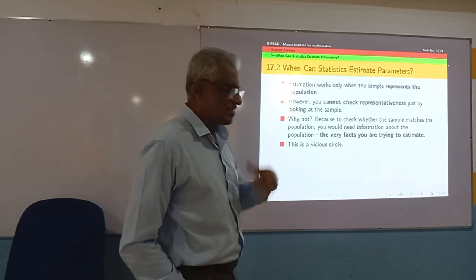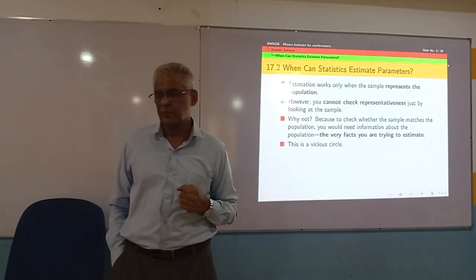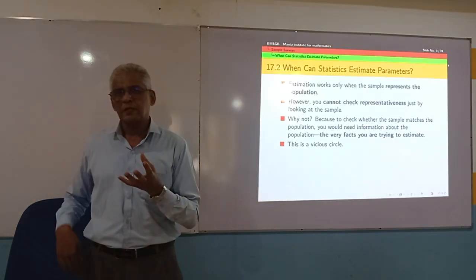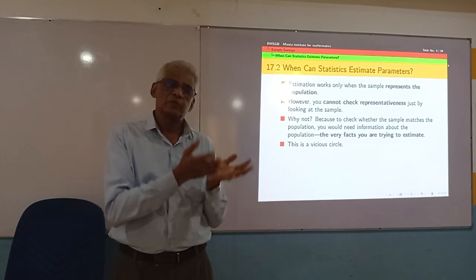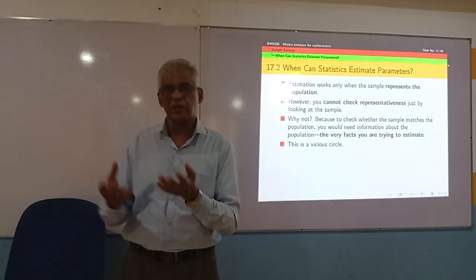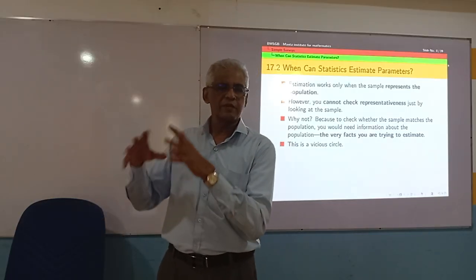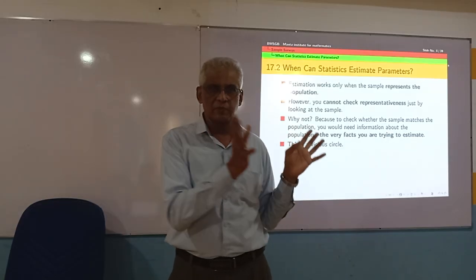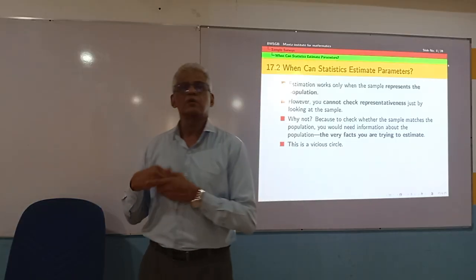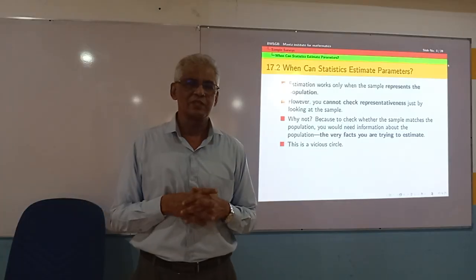When you estimate or make inference about a population based on a sample, one important thing is that the sample should be a good representative sample of the population. That means the sample should reflect almost all the important characteristics related to what we are going to study, the same as in the population. Suppose, for example, we are going to study the weights of people. Somebody is interested in the mean weight.